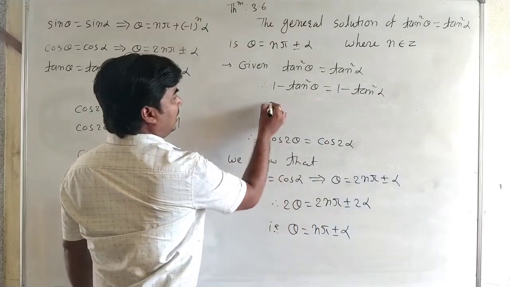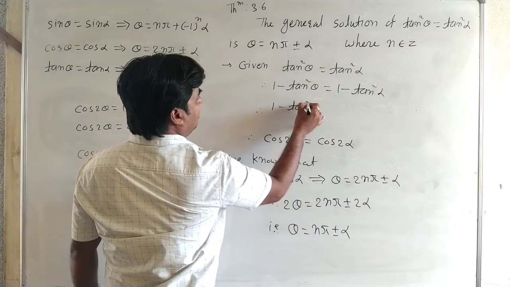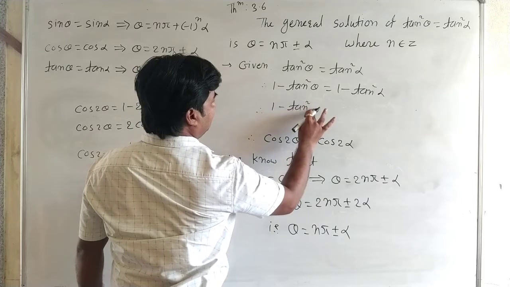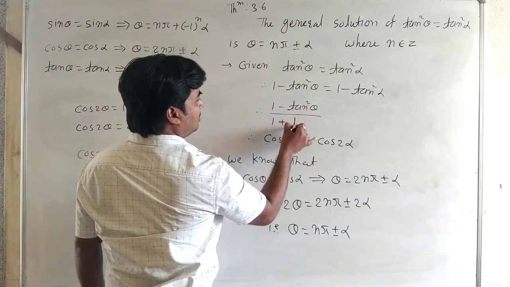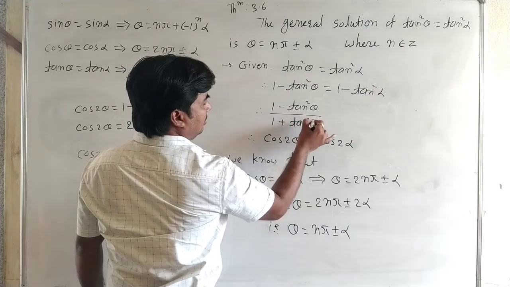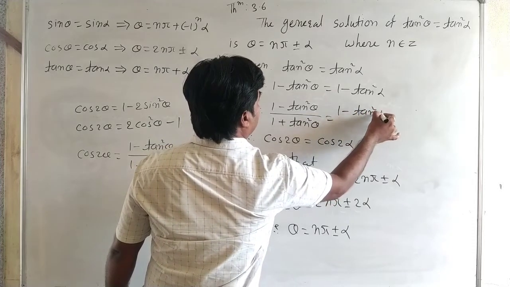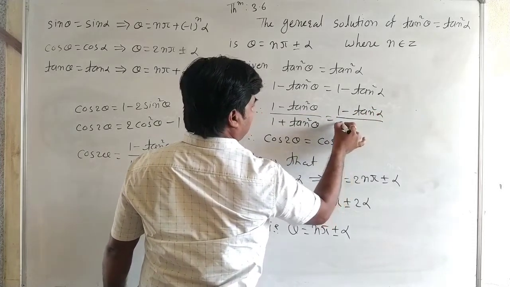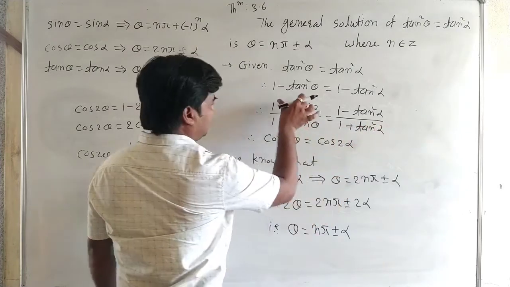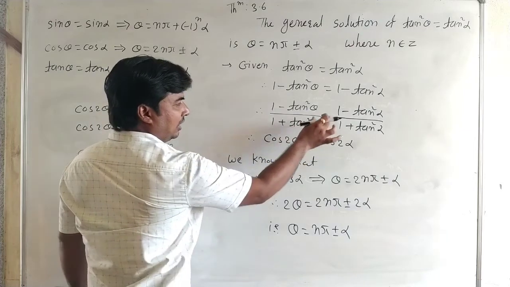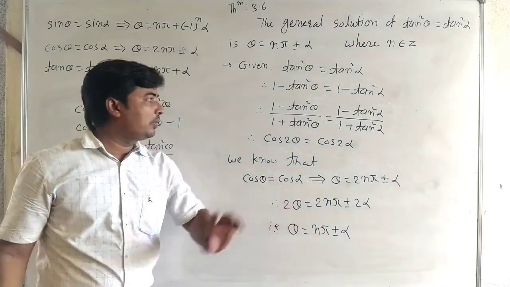Then dividing throughout, 1 minus tan square theta upon 1 plus tan square theta is equal to 1 minus tan square alpha upon 1 plus tan square alpha, and then it is cos 2 theta and it is cos 2 alpha. See carefully, and then the solution is theta is equal to n pi plus or minus alpha.